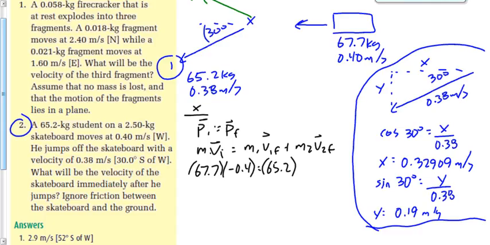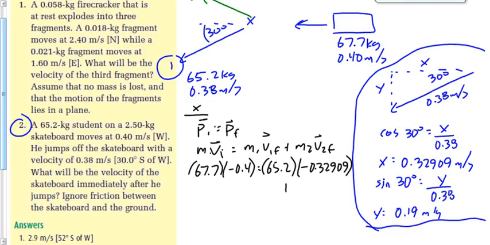What's the x component of that 0.38 meters per second? Remember, we're never going to use that 0.38 again. That's gone now. What's the x component of that 0.38? Yep. 0.32909, except we're going to make it negative. We're going to make it negative because it's going to the left, right? Left and down, but we care about left right now.